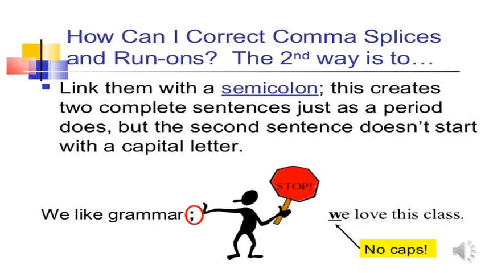We like grammar, semicolon. We love this class. We use here a semicolon to link the two complete sentences, and we don't use capital letters, of course, after a semicolon.